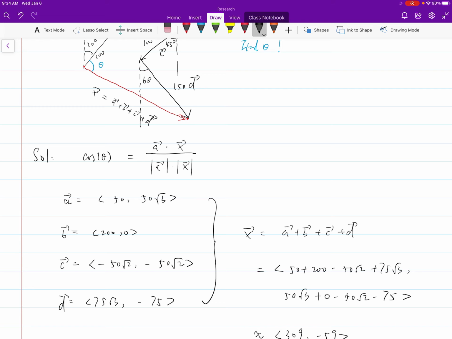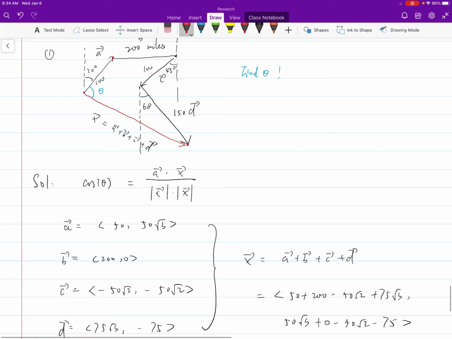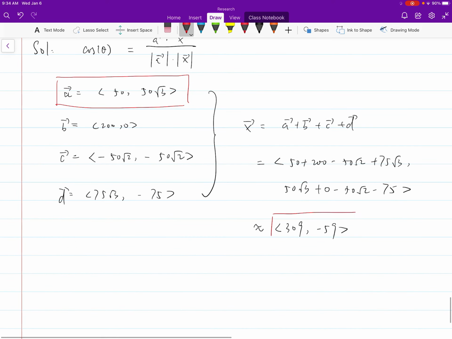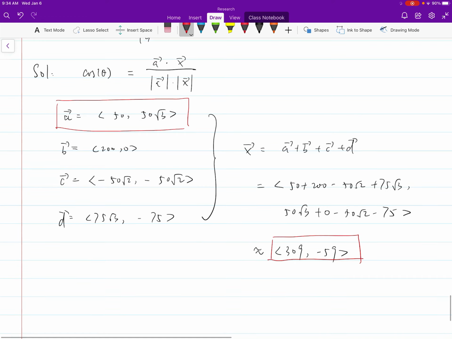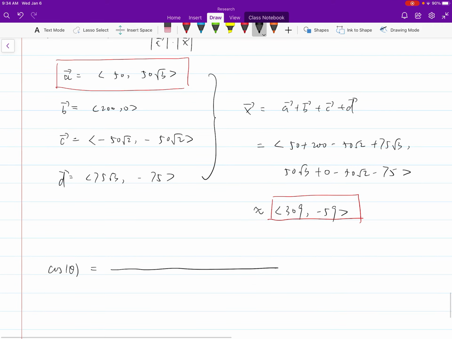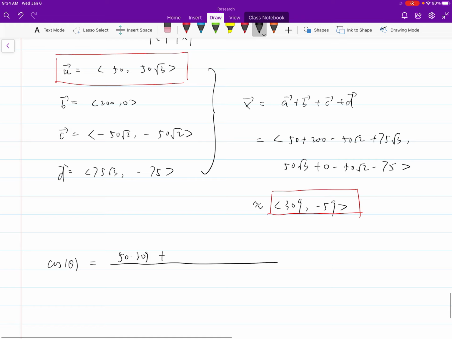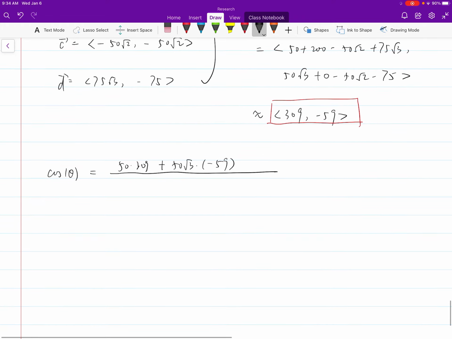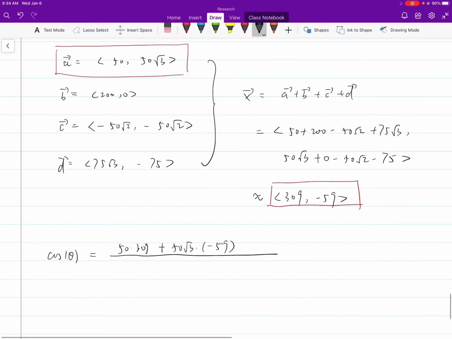Okay, then you know A, you know X. Now you just want to find the cosine theta. It becomes super easy. The top is the dot product, plus actually 50. That's the dot product.